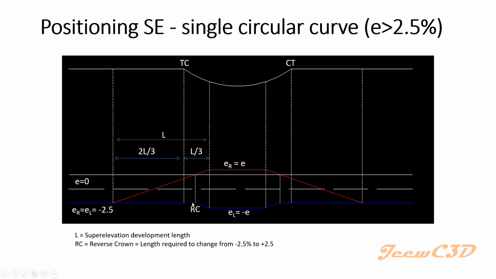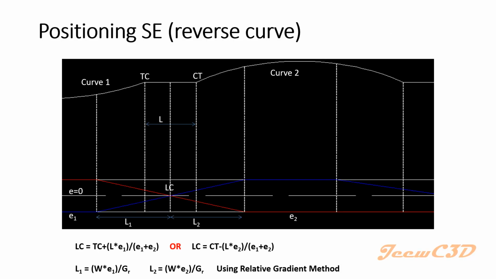After that, both sides rotate and go to the required superelevation. If you remember the last example, this value should be plus 5 and minus 5 according to that example. So your development length should be divided according to the single circular curve.